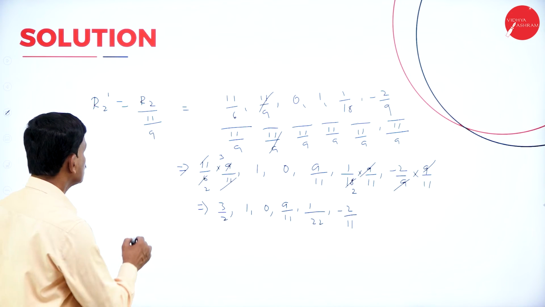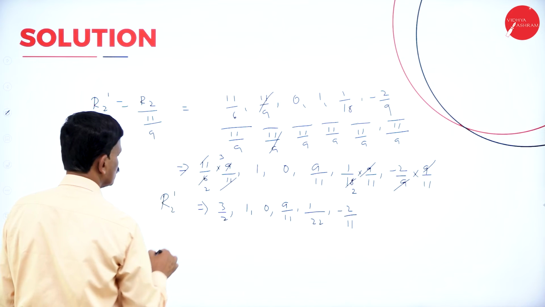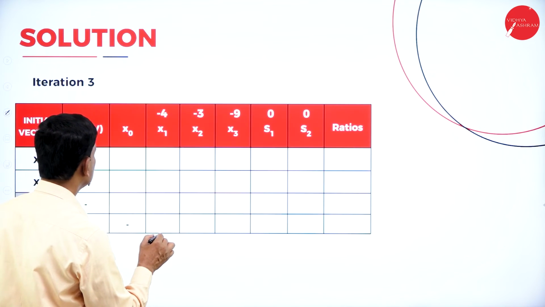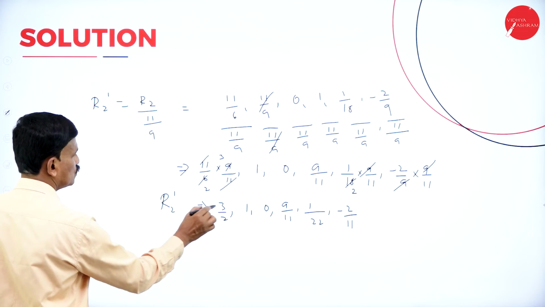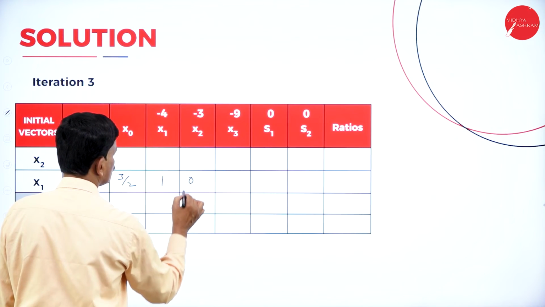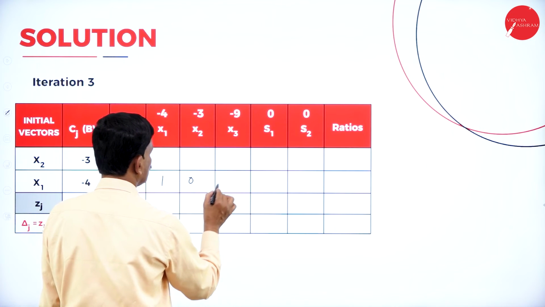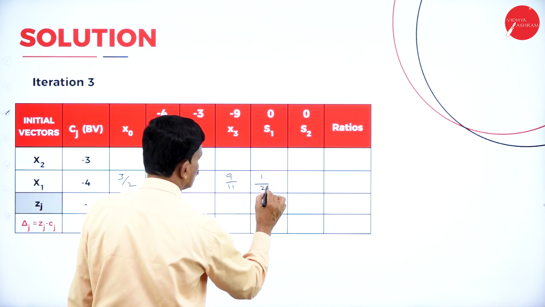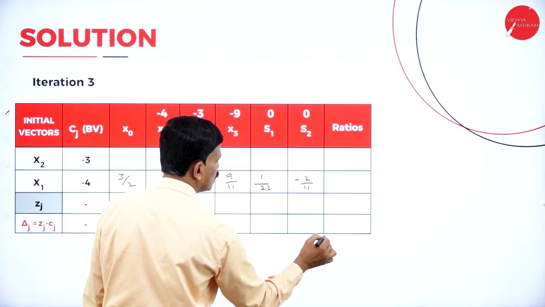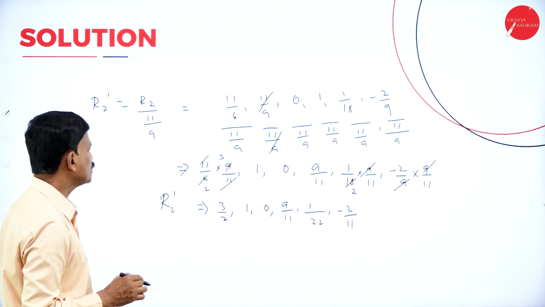I will substitute this for R2 dash. R2 dash is equal to 3 by 2, 1, 0, 9 by 11, 1 by 22, and minus 2 by 11. So, these are the values.